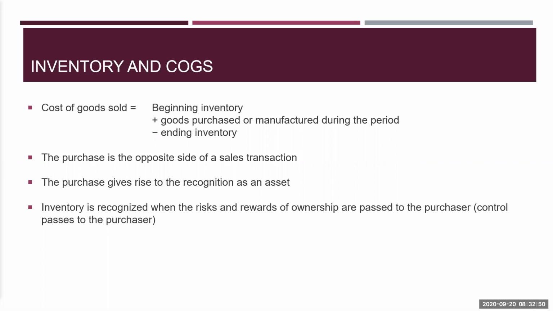Cost of goods sold goes onto your income statement and it will reduce your net income. When you purchase inventory, that increases your inventory account. And when you sell that inventory, you debit cost of goods sold and credit inventory to bring that asset down.